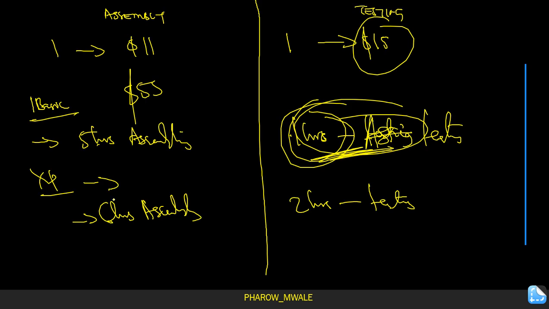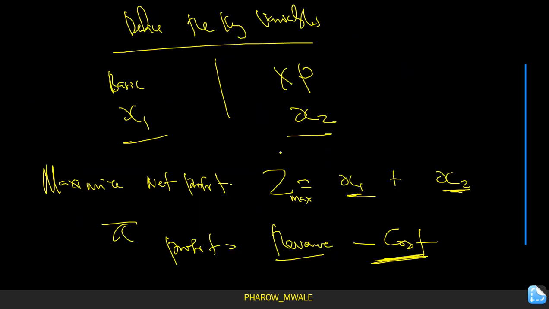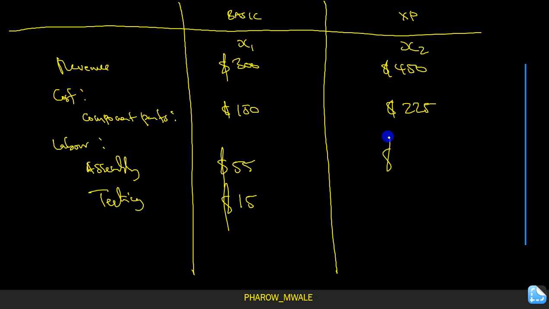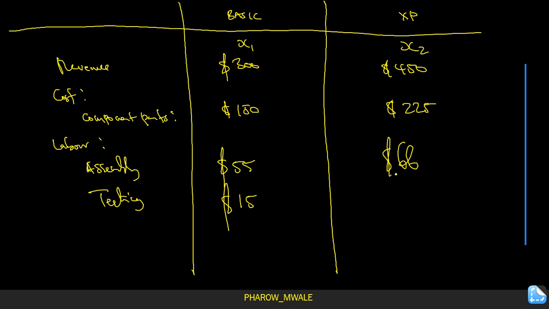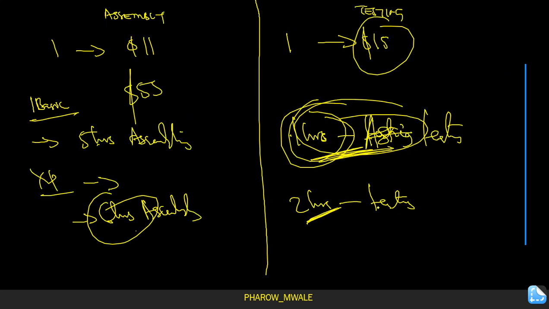We come to XP. So 1 XP requires 6 hours for assembly. So just multiply 6 by 11. This gives us $66. And then we need 2 hours for testing, so it will be 2 by 15, which gives us 30.